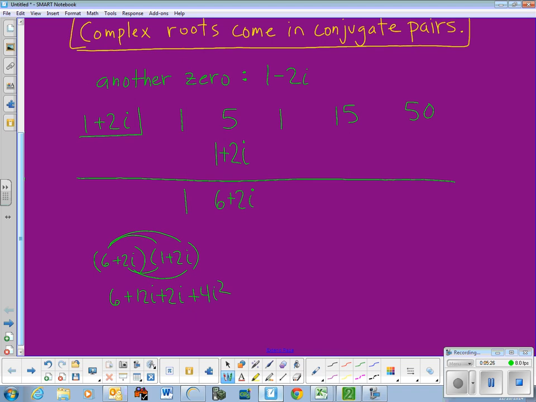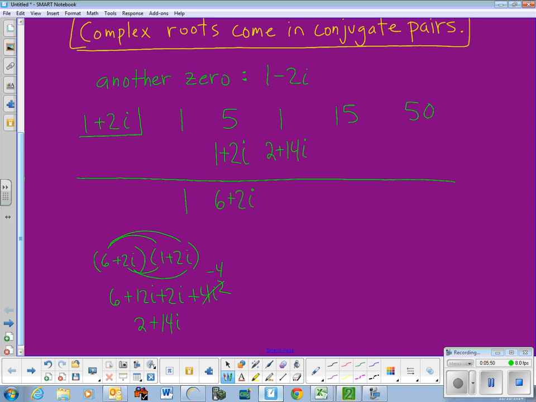Now the 12i and the 2i make 14i. The 4i squared, you can take out an i squared anytime you want and replace it with a negative sign. So this is the same as negative 4. So 6 minus 4 is 2. So long story short, 6 plus 2i times 1 plus 2i is 2 plus 14i, and that goes here.